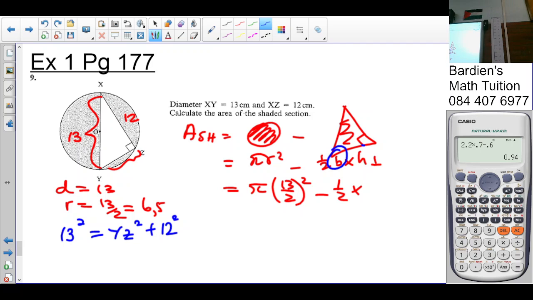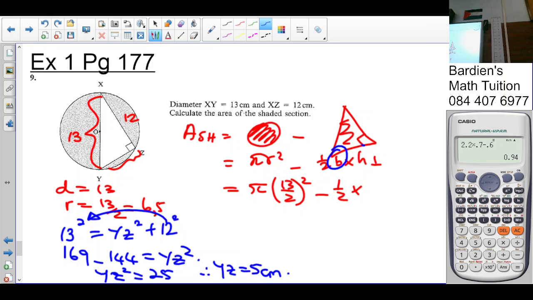Now it's a matter of solving for YZ. Take it over. 13 squared is 169 minus 144 is equal to YZ squared. So YZ squared is equal to 25. Which implies, therefore, YZ is equal to 5 centimeters. You all agree with that? And this must be multiplied by 12 as your perpendicular.